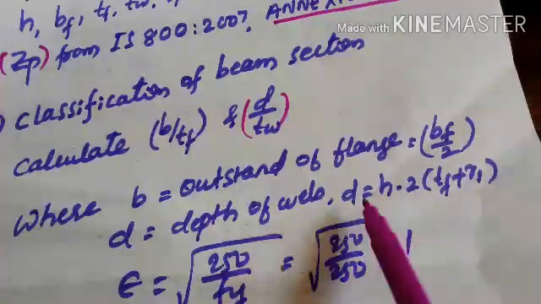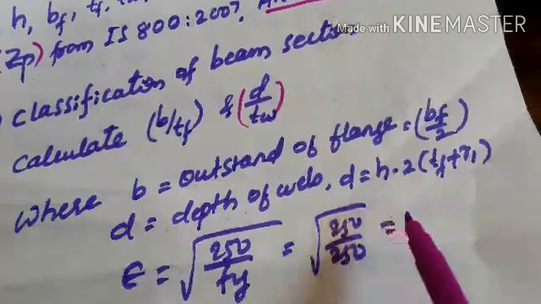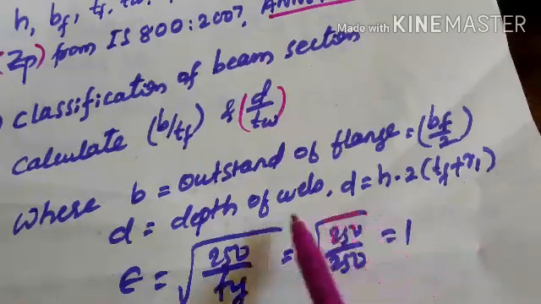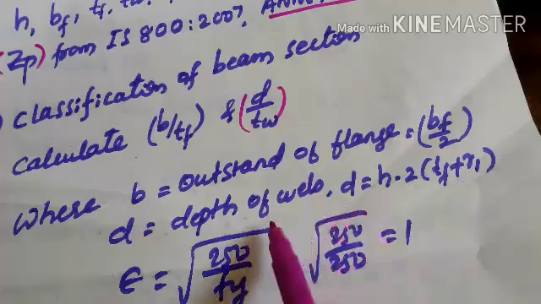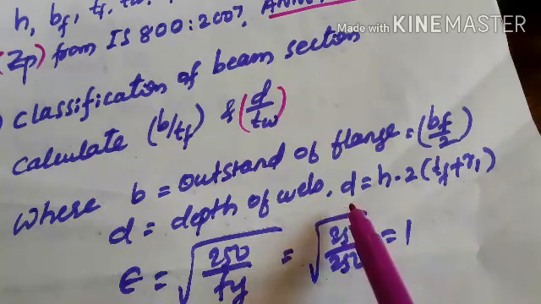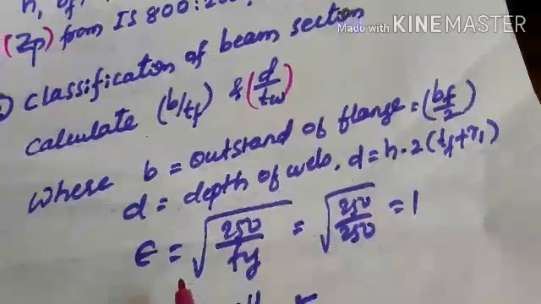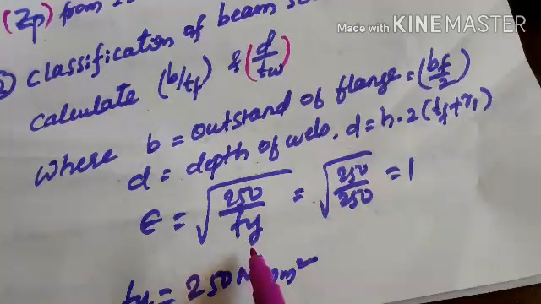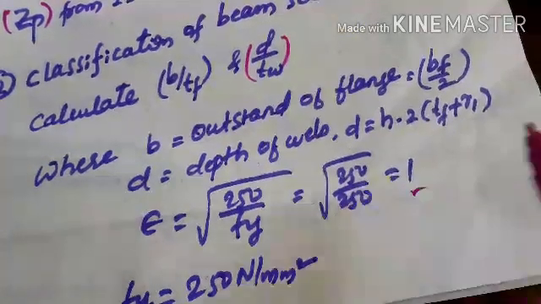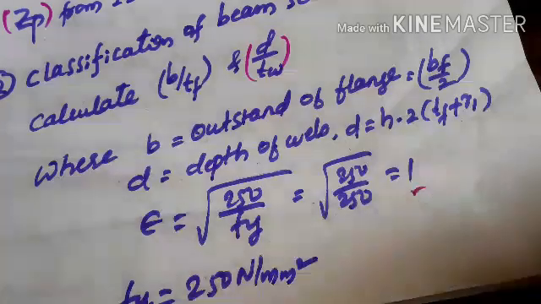This depth is for the rolled section, and it is the effective depth for calculating the ratios. Then epsilon is root of 250 by fy, which is one for fy of 250 Newton per millimeter square.